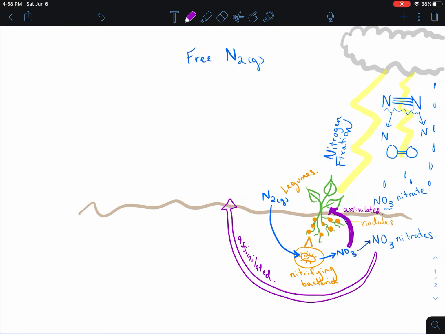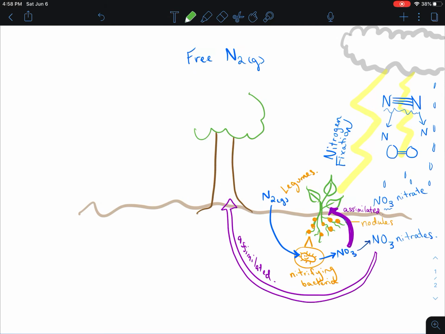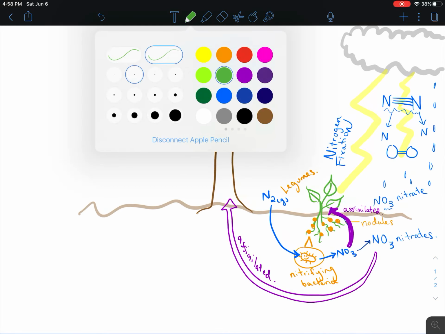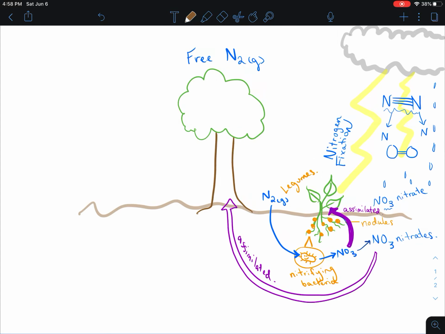Okay, so we're going to show some of these nitrates getting sucked up into a tree. They'll become a part of the proteins in the tree. And then if we want to get nitrogen into animals so that they can use it for their proteins and DNA, the only way that the animals can get nitrate is by eating plants.